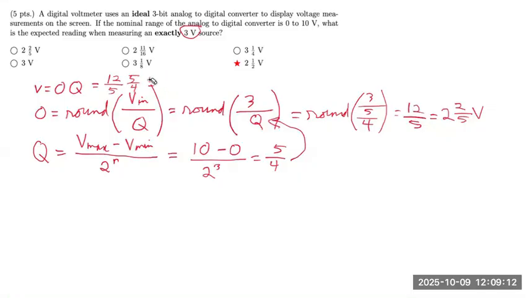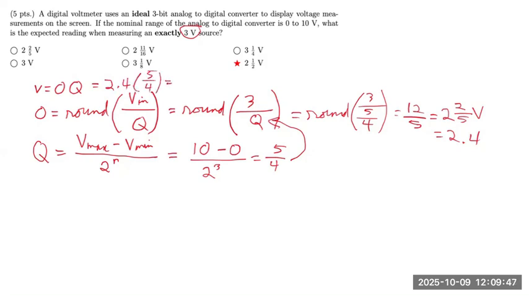We have to round this value, the 2 and 2/5. 2/5 is 0.4, so this value is 2.4.